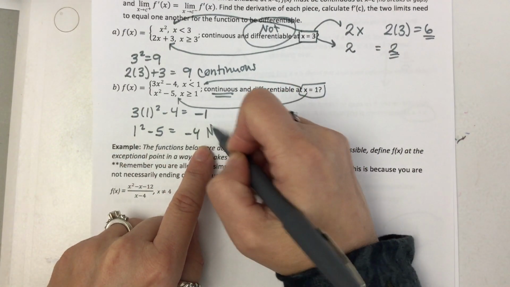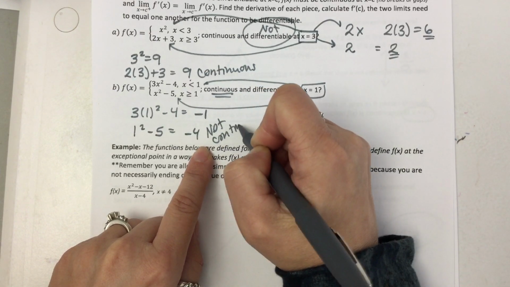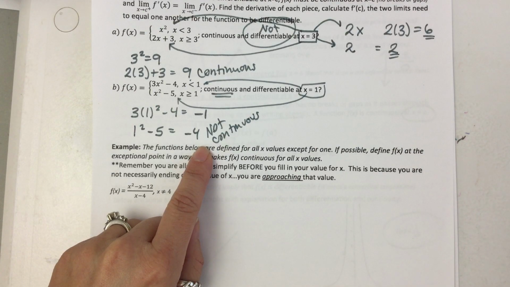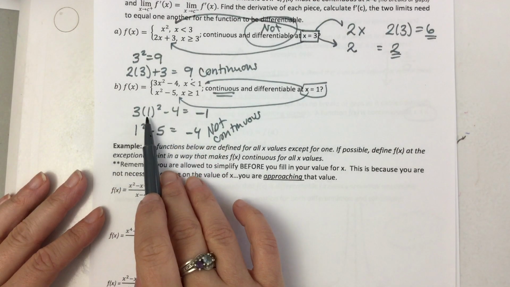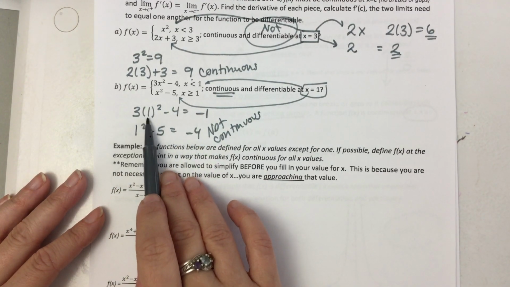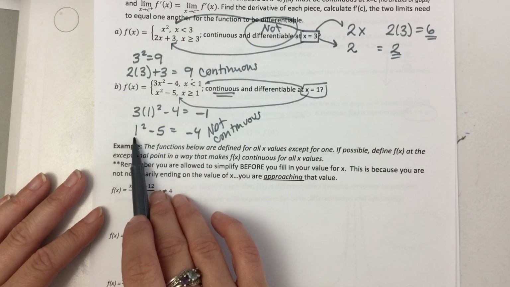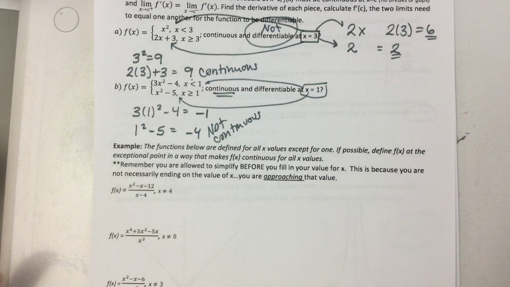It is not continuous. There is a space there, so you will not be able to trace over because one piece, when at the x value of 1, the y value is at a negative 1. At the other piece, when the x value is a 1, the y value is at a negative 4. So you would definitely have to pick up the pencil.